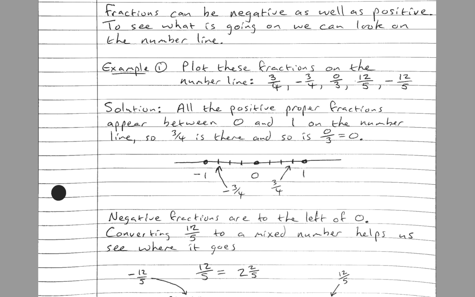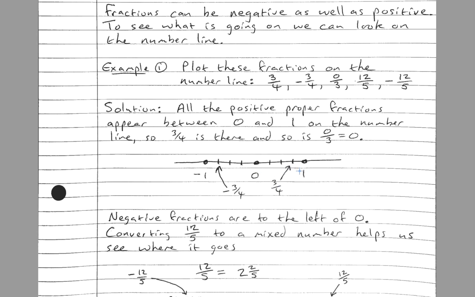In this example, let's plot these five fractions. All right, so three quarters. So where is 3/4? That's a positive fraction, so that's to the right of 0. Here's 1, so that's 4/4.